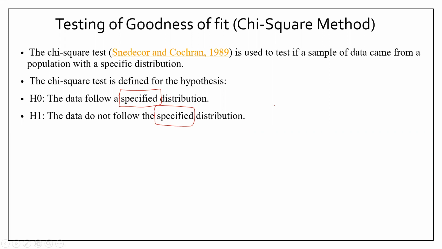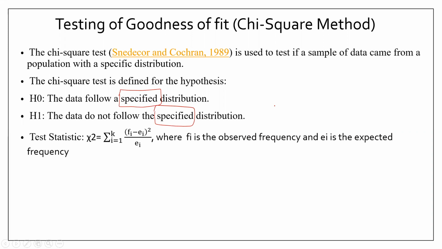Now, based on the chi-square formula, because we have to run a test so that either H naught or H1 is accepted, we have a formula for chi-square, which I have told you just now. This will be fi minus ei whole square divided by ei.